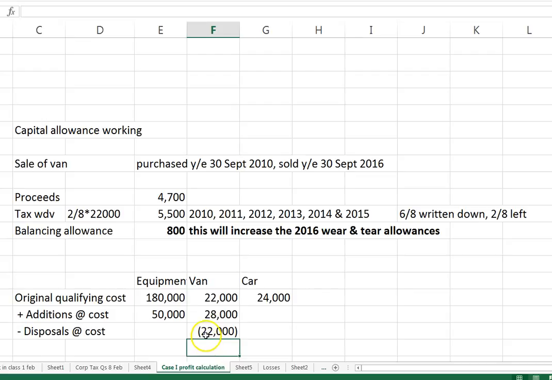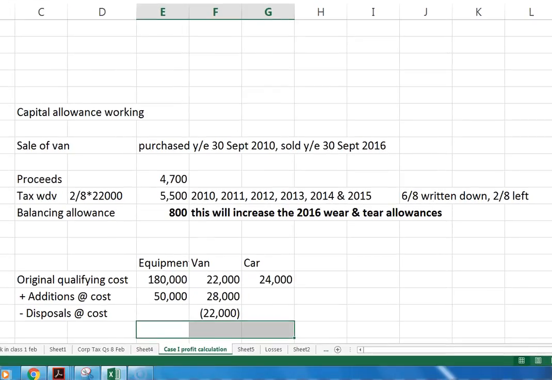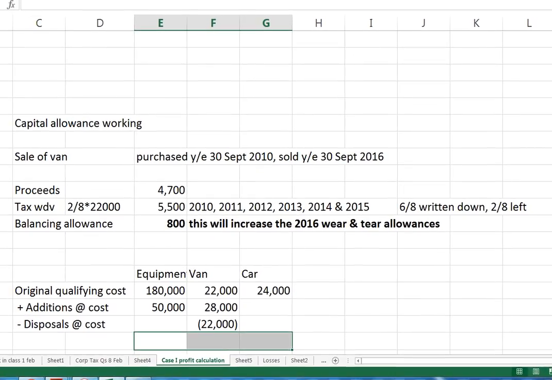Now, if we worked out a balancing charge on this, if it was sold for more, say it was sold for 6,000, we'd have a 500 balancing charge. We'd reduce the cost of the replacement van by 500 for the balancing charge, but not in this instance because it's a balancing allowance.